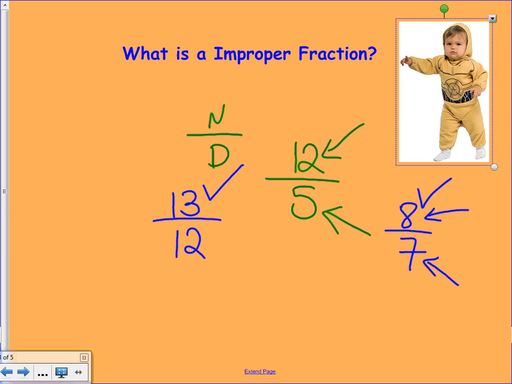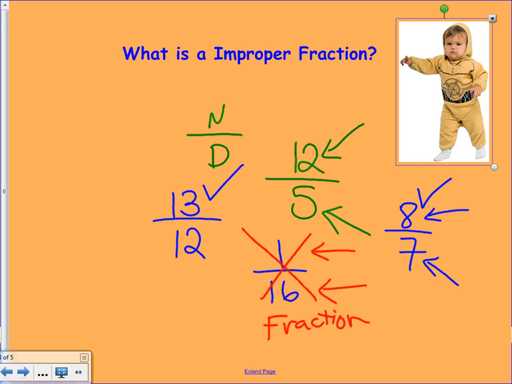Now let's try another one. Is this an improper fraction? No, it is not. The reason being, the 1 and the 16, the 1 is smaller than the 16. So this is just a normal fraction. Does that make sense? Great.